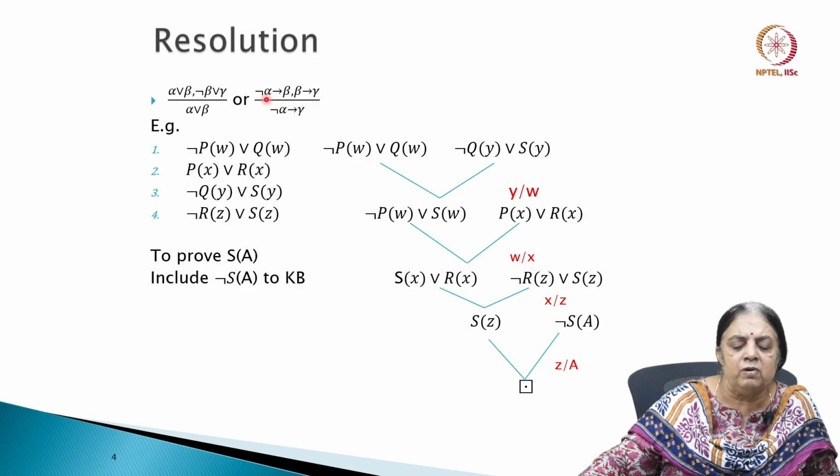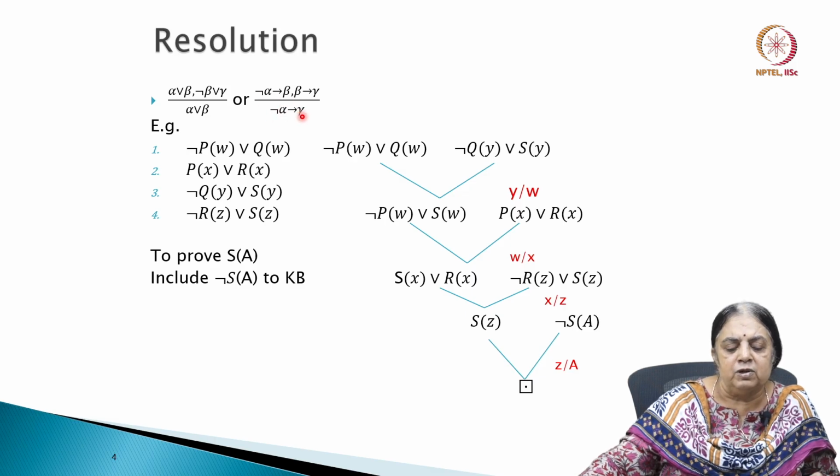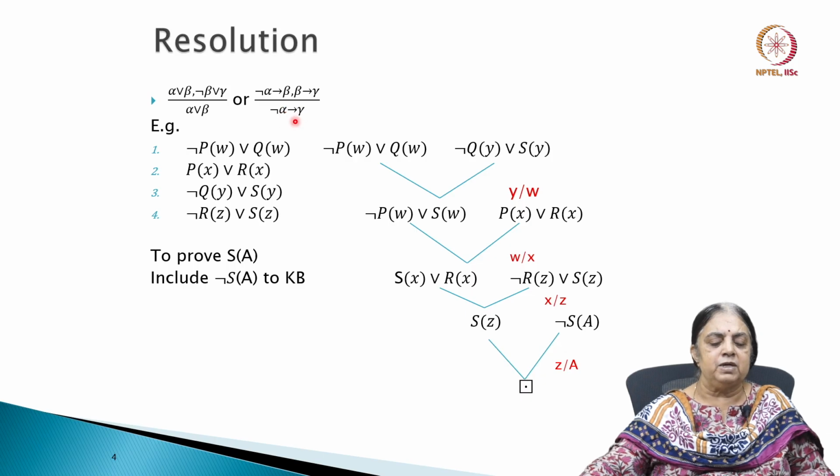Similarly, if you have not alpha implies beta and beta implies gamma, then you will get not alpha implies gamma. So you are removing the beta, and you are coming up with a new proposition over here, or predicate if it is predicate logic.